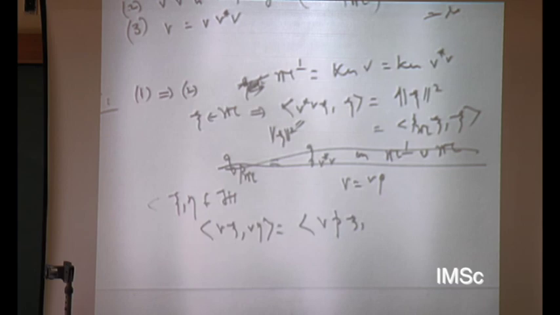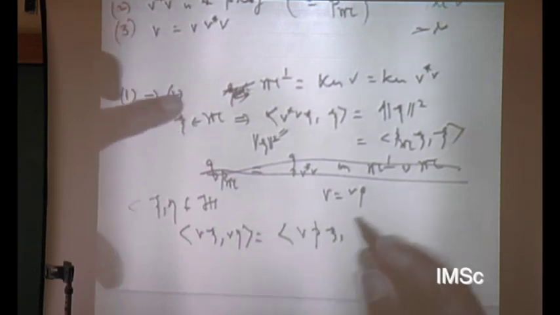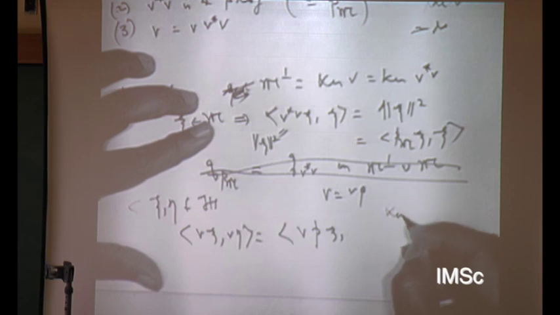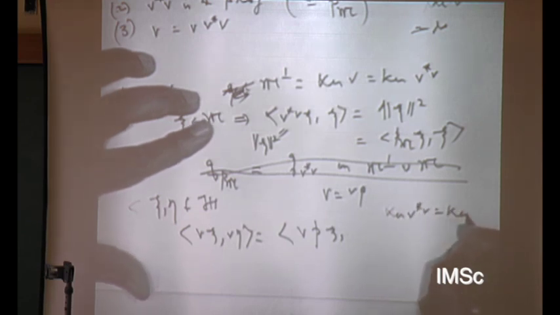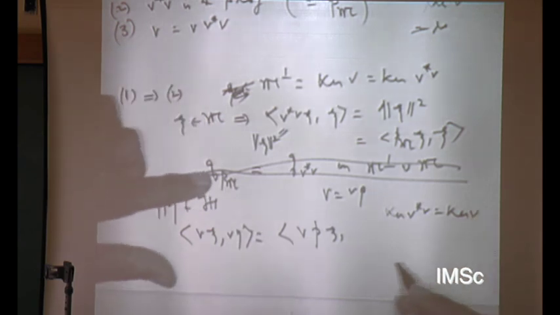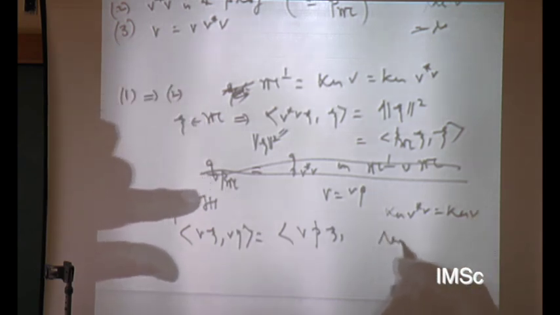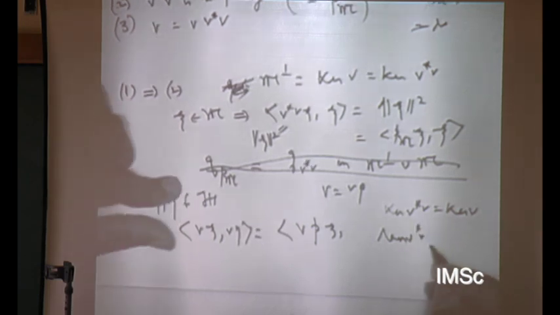See, what is the kernel of V*V? We know it is equal to the kernel of V. So the range of V*V, because V*V is self-adjoint, is the perp of the kernel of V.